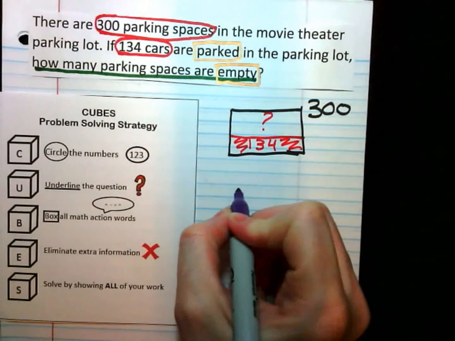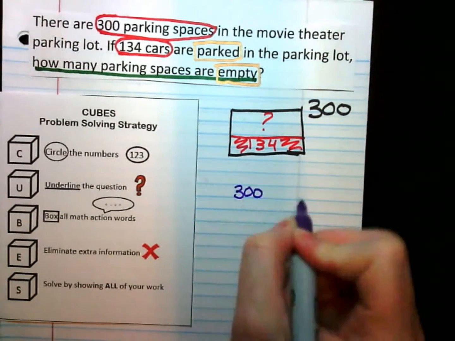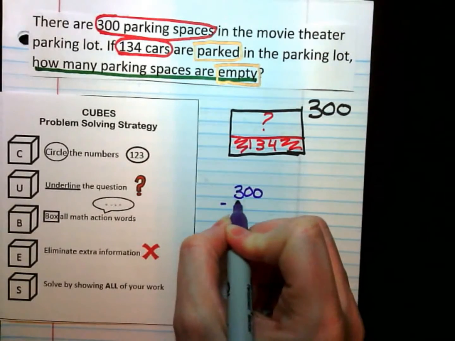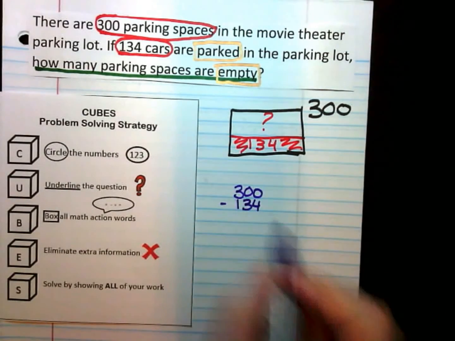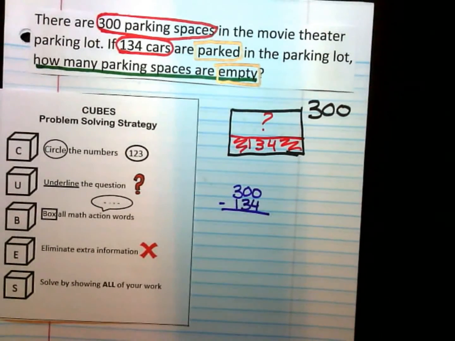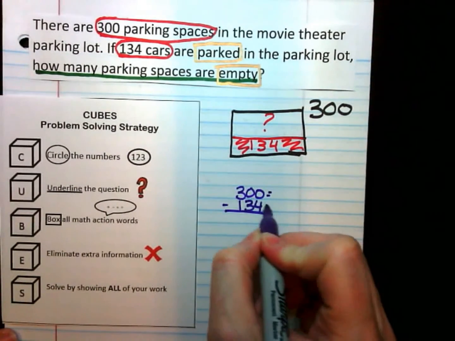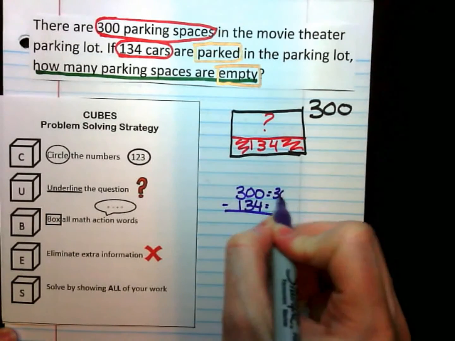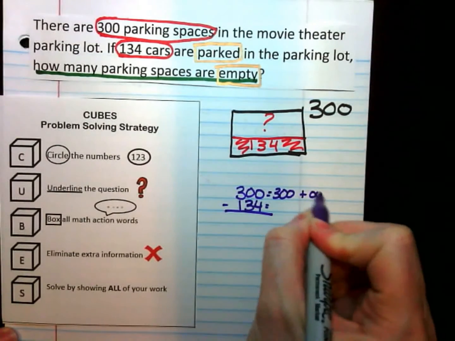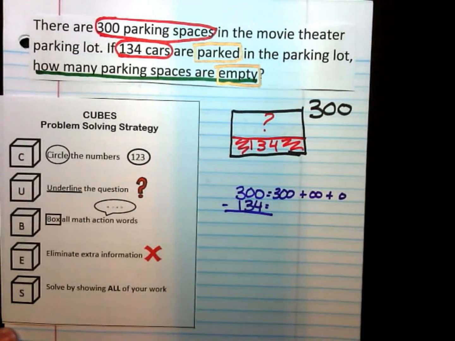So I would do 300 minus 134. You need to pick a strategy that you want to use to solve this problem. I'm going to use expanded notation. So I need to expand out my numbers. Well, that would be 300 plus 0 tens plus 0 ones.